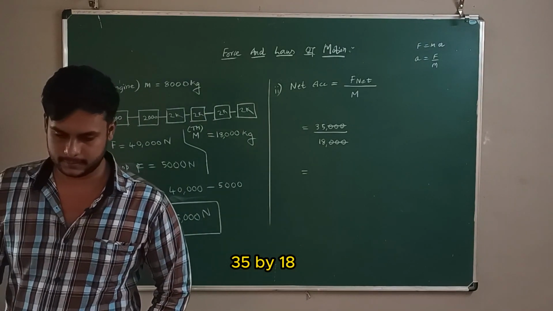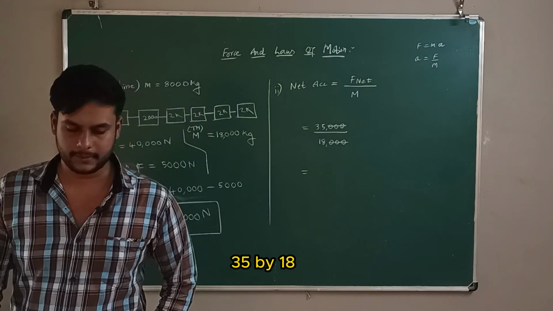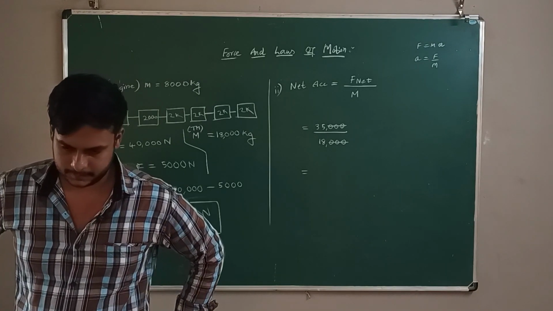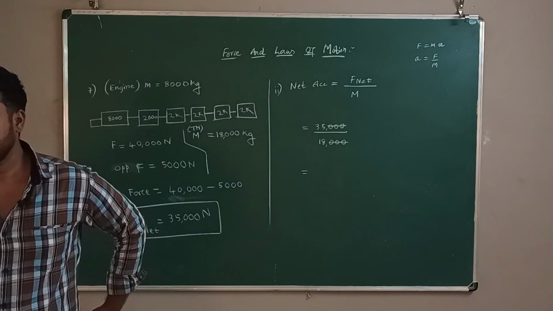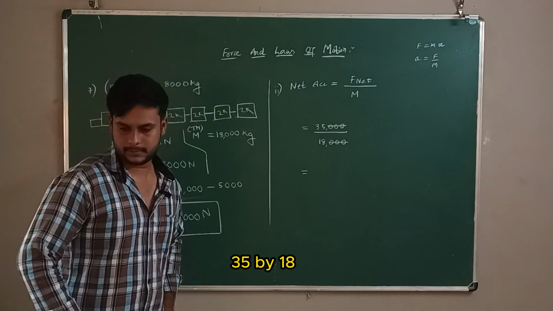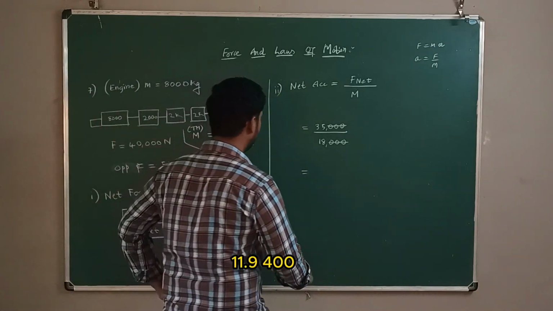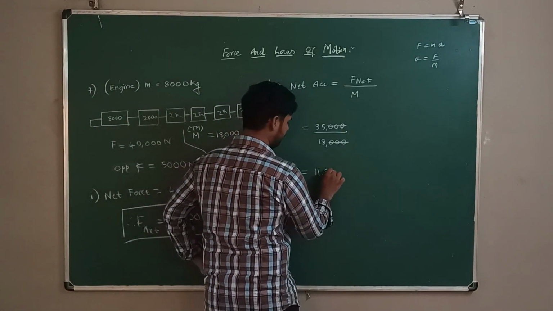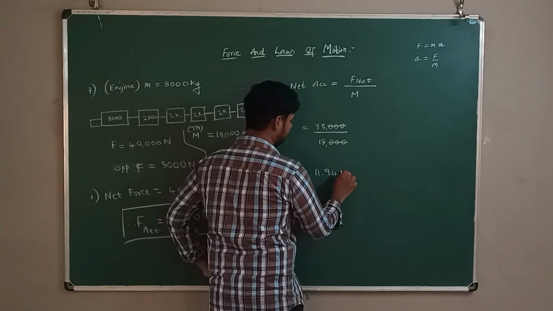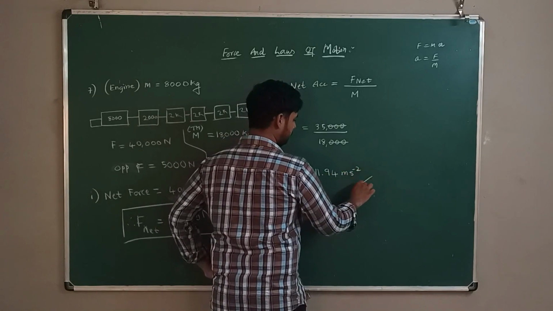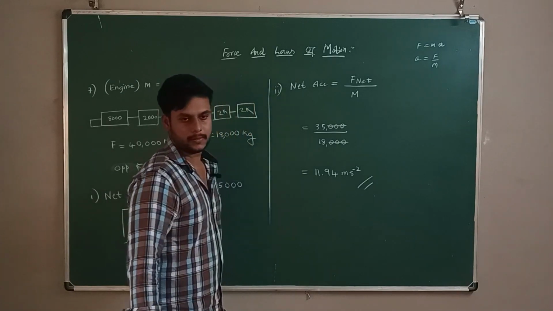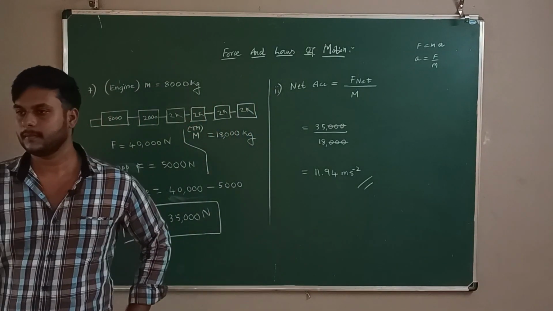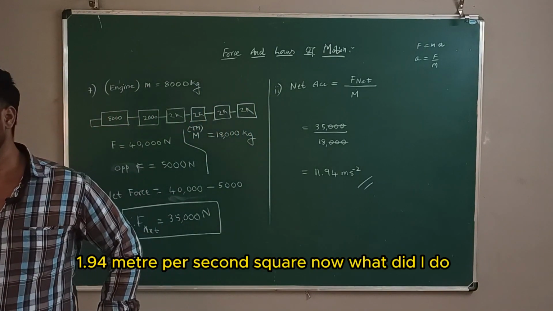Everybody do 35 by 18. You will get 11.94. Understood or no? 11.94 meter per second square.